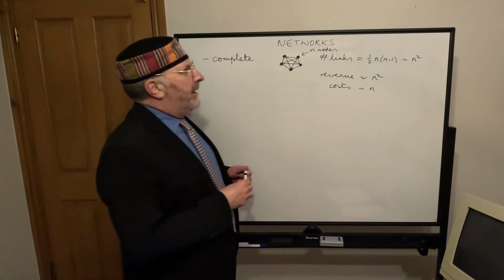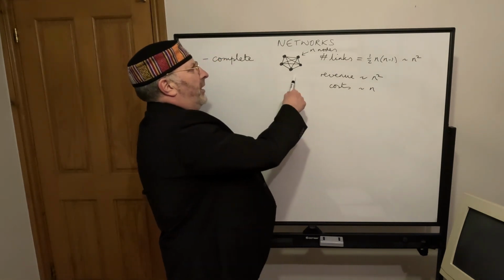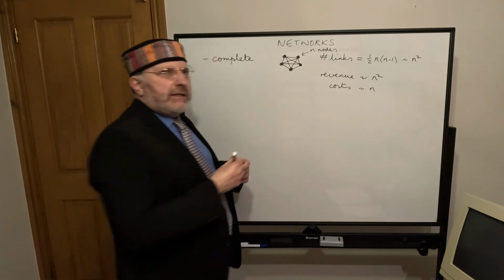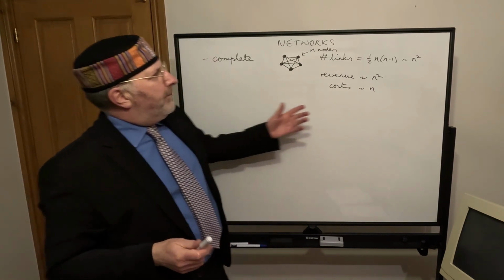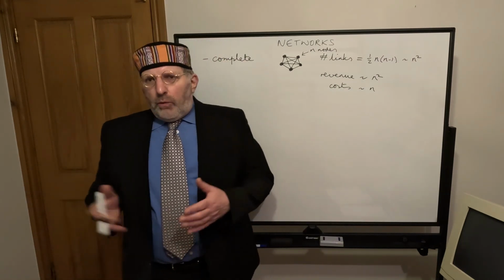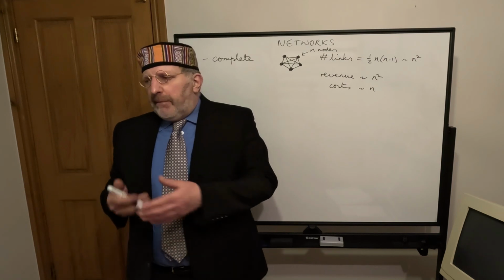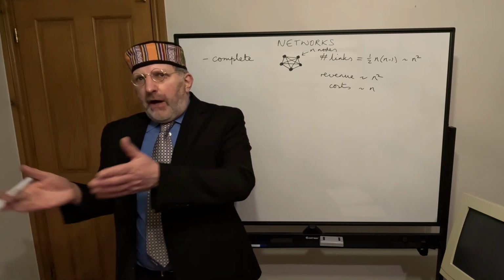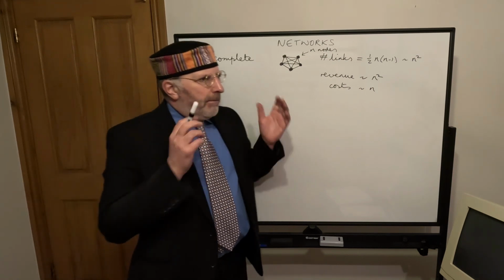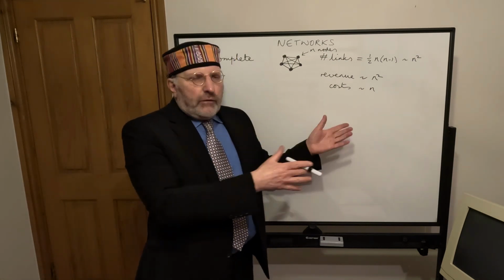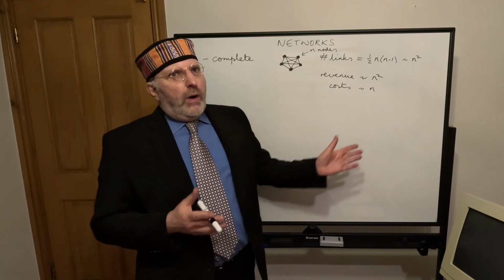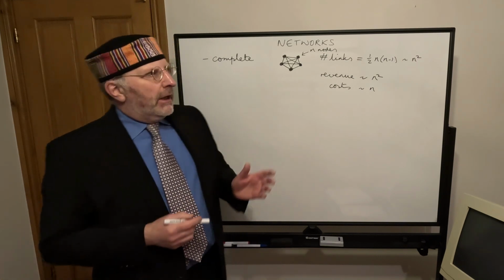Now, in reality, the number of links in societies or cities, let's say, as they increase in size, is not going to go up as n squared, because yes, in a village of 100 people, one person might know 100 other people in the village and have relationships with them, but when they move to a city of 1 million people, they're not going to have relationships with all the 1 million other people in the city.